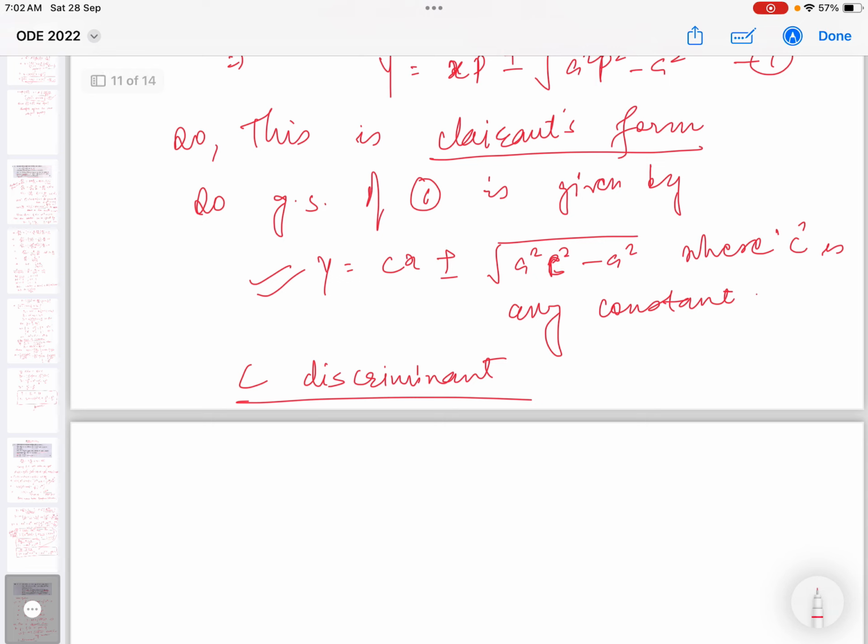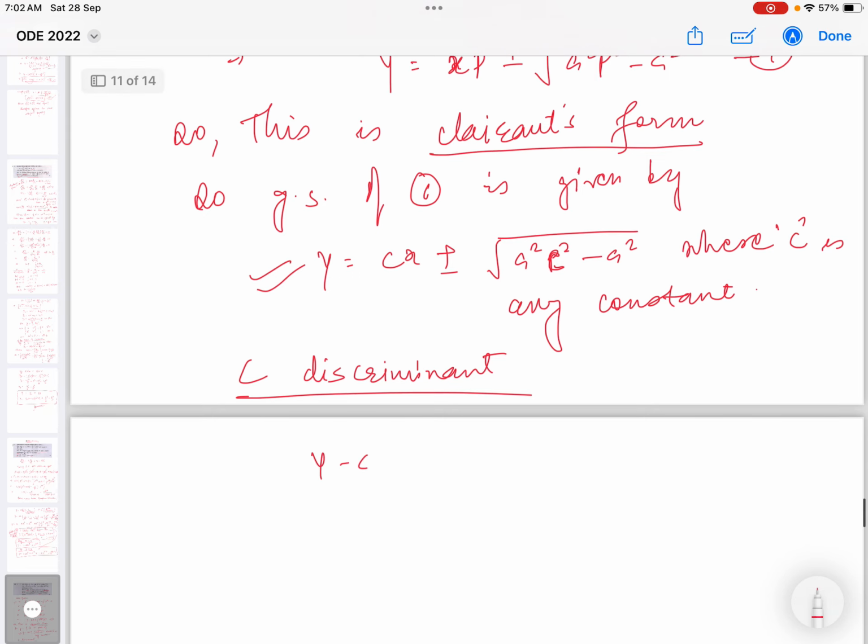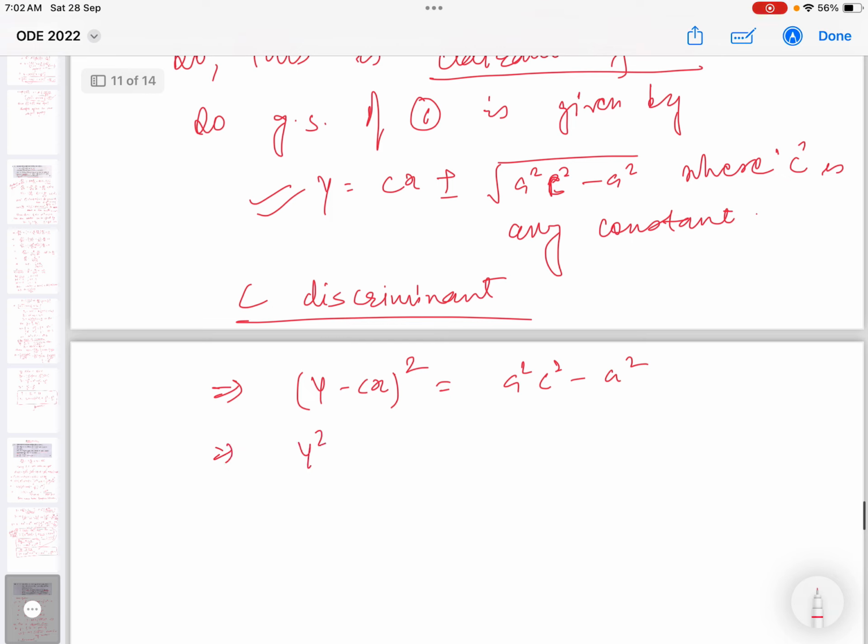What we do is take y minus cx in RHS, square it. Why did we do so? By doing so, the radical term, the square root term, will be gone. We get y square equals c square x square minus 2cyx plus a square c square minus a square.